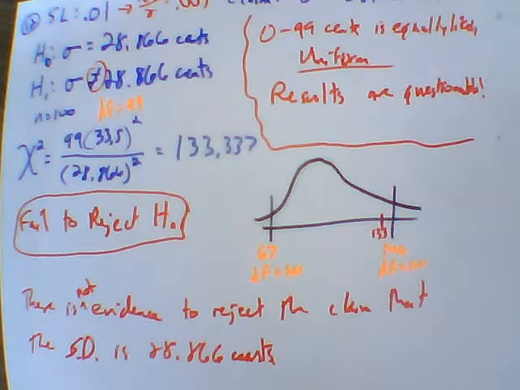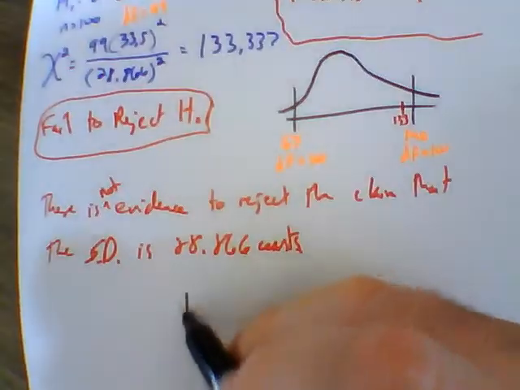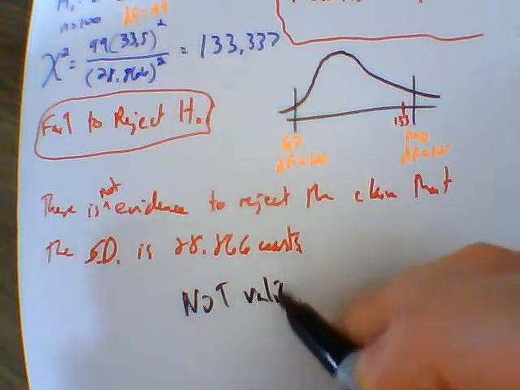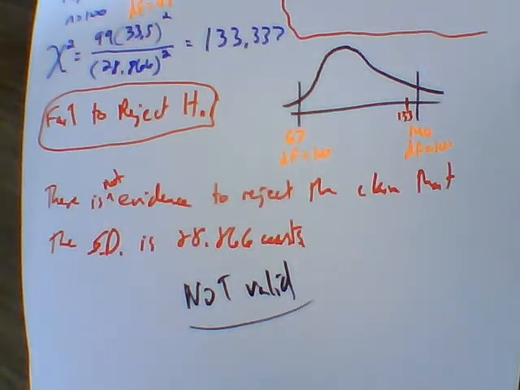I'll put in here, not valid. We could definitely question it because we're violating some principles for the test. This isn't about ethics, just our testing procedures. So you can see what goes into a two-tailed test. This is an excellent example of what we need to see just in case it does come about.